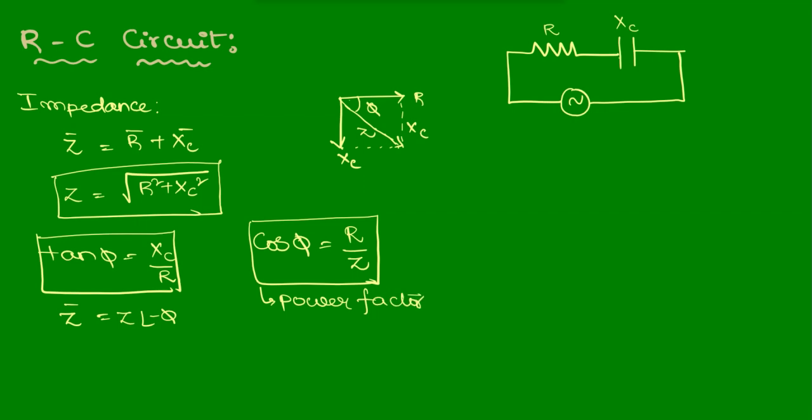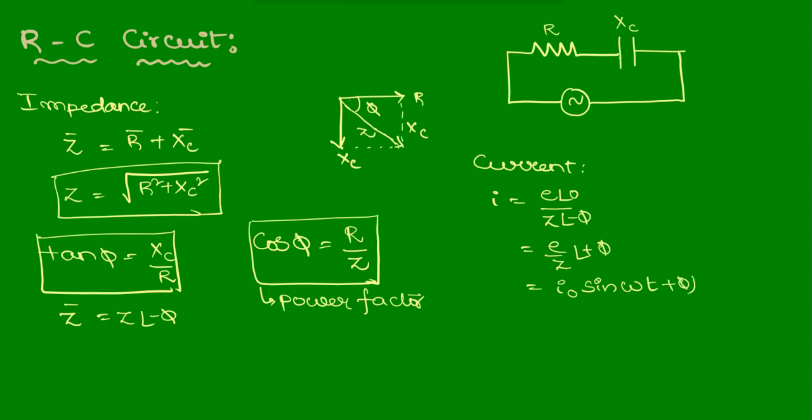And once we know the Z value, they'll ask you about the current in the circuit. That current I will be equal to E by Z, or that will be equal to E by Z of plus phi, or we can write like this, I naught sine omega t plus phi, where I naught is nothing but E naught by Z. So current leads voltage by an angle phi.